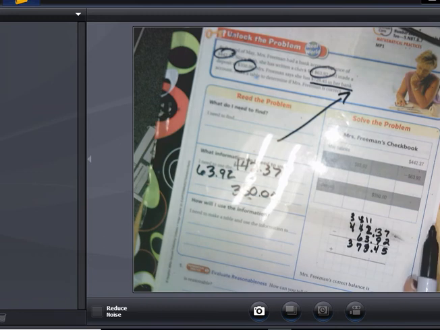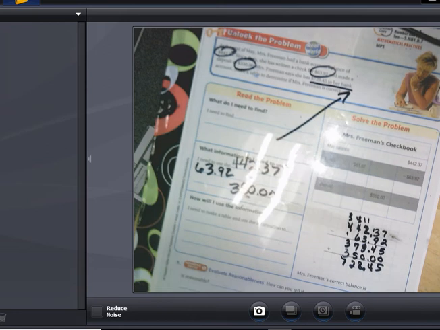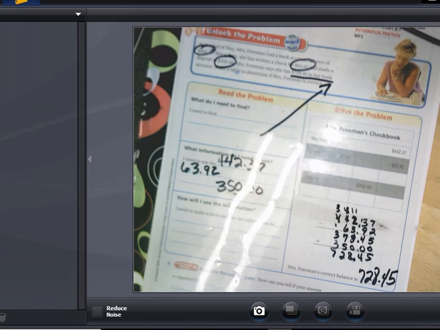and I get $378.45. Then I go back to my table, and I know that she deposited $350, so that means I have to add the $350. Drop my decimal down, and I find out her balance is $728.45.